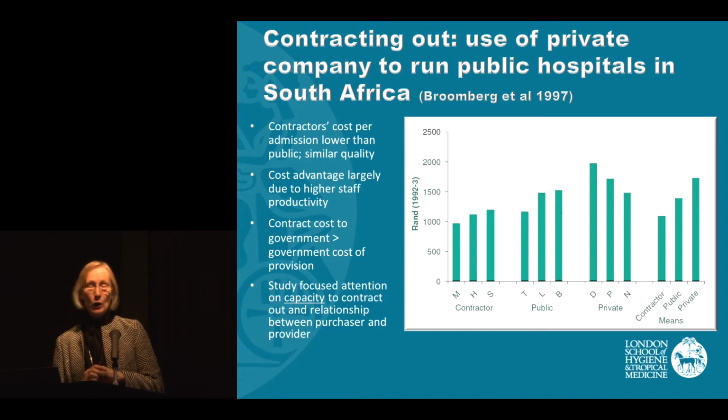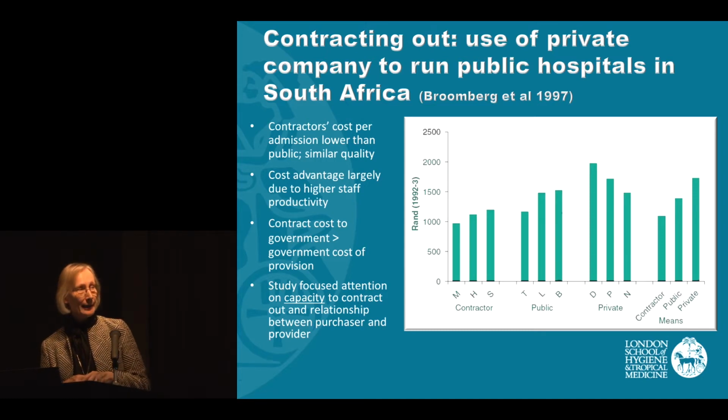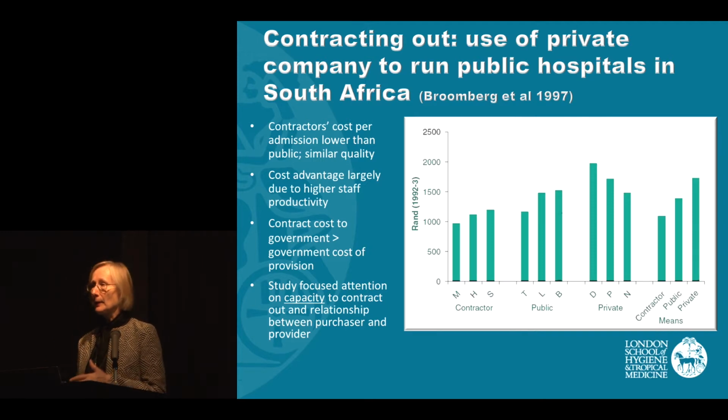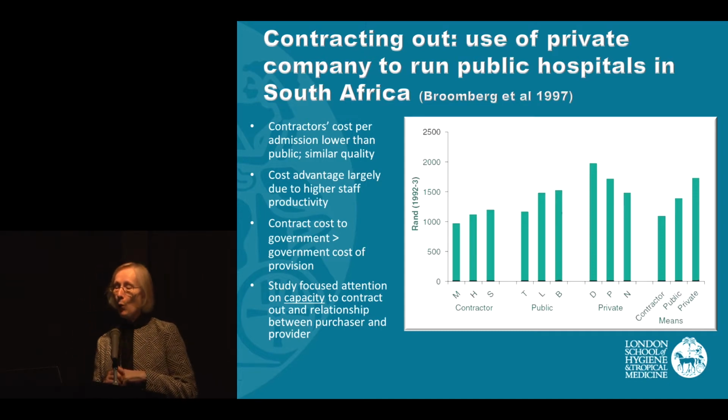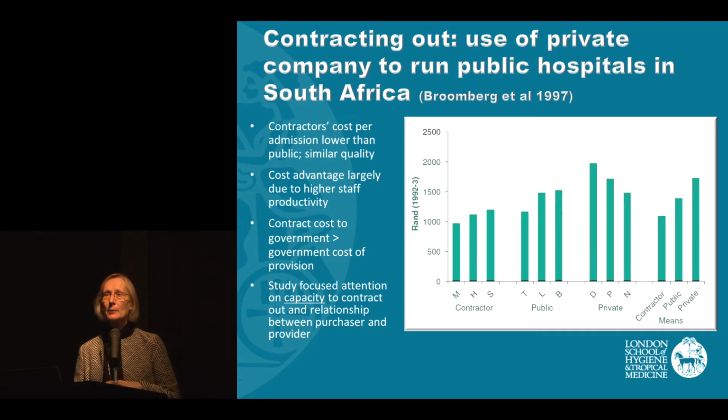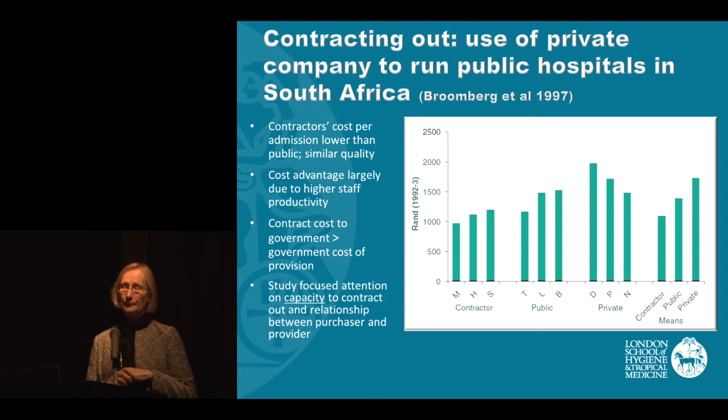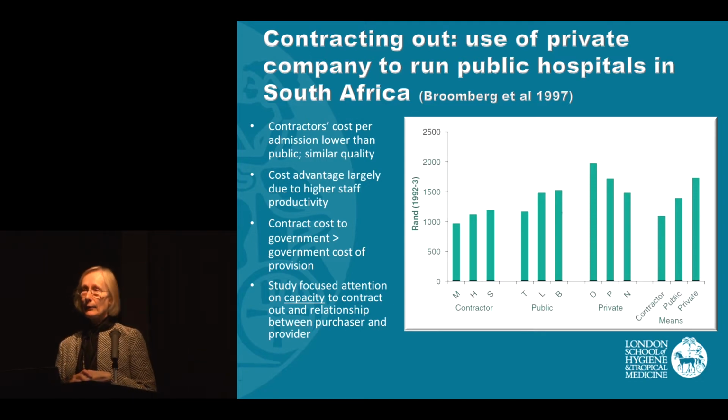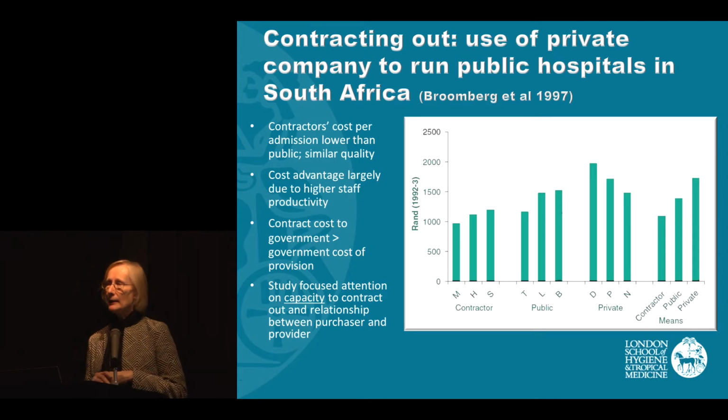However, when you ask the question, what does it cost the government to provide itself and what does it cost the government to contract out? The cost of the contract to the government was actually more than it would have cost the government to provide those services itself. And the reason for that, fundamentally, was that the government didn't know how to write the contract to contract the private company.